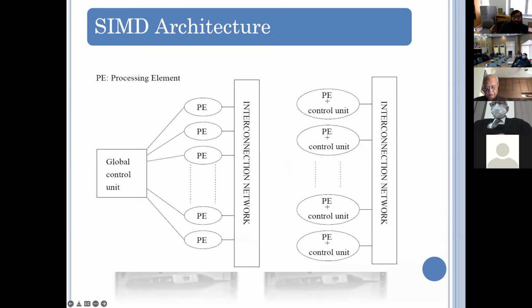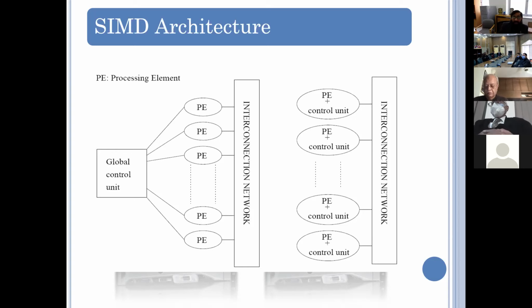The third high performance computer category is SIMD architecture. In SIMD, all GPUs belong to this category. The difference between SIMD architecture and a simple CPU unit or MIMD processor is the control unit. In a normal CPU, we have processing element plus control unit. But in a GPU, we don't have a control unit inside it.